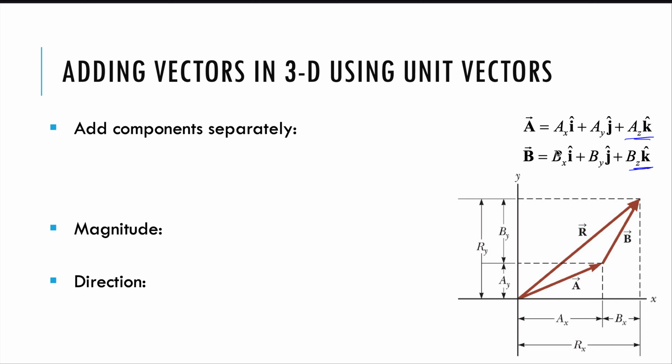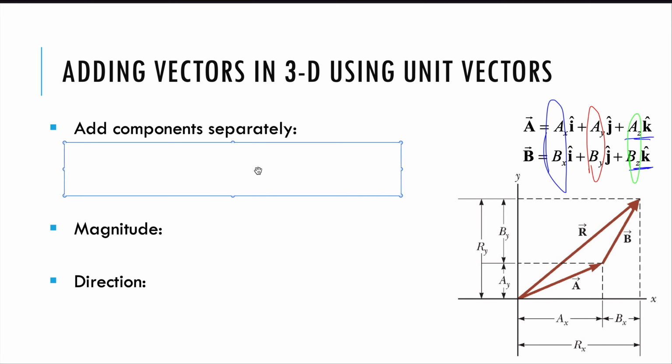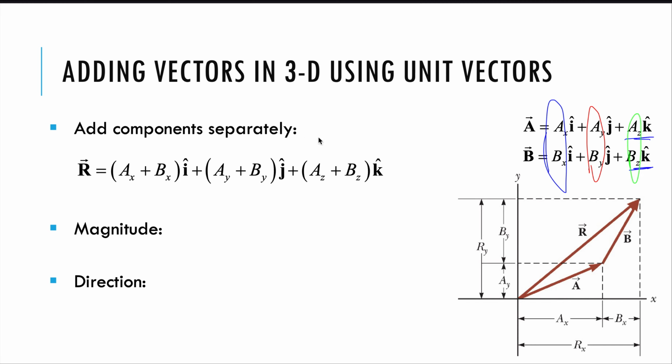So add up all the x's and follow it by i hat, add up all the y's and follow it by j hat, and add up all the z's and follow it by k hat. So you're going to have the x components followed by i hat, the y components followed by j hat, and the z components followed by k hat.